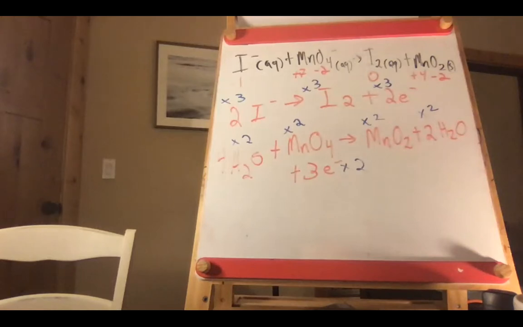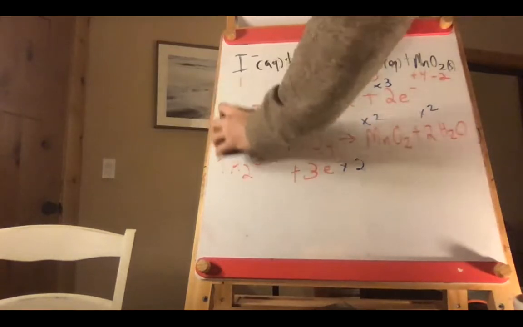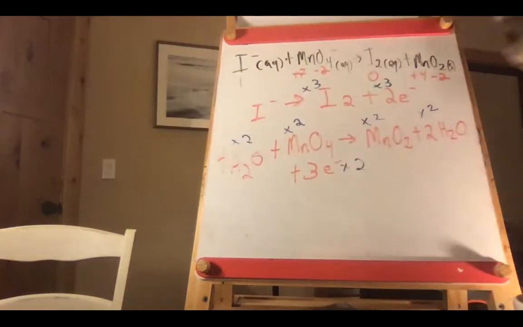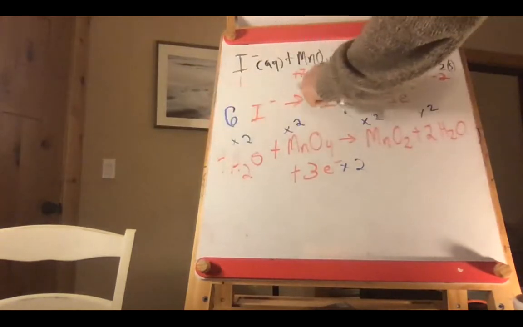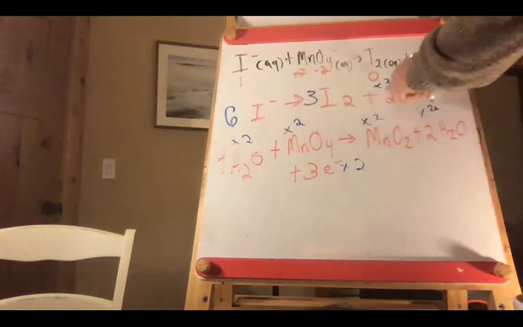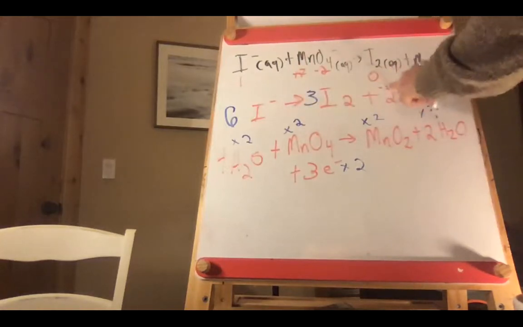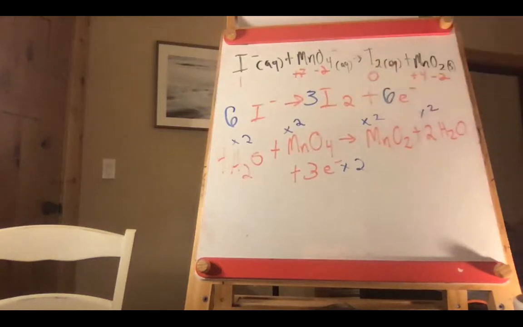Okay? So if we multiply everything out, now we get, what is this, 2 times 3? That's going to be 6. 3 times 1, that's just going to be 3. 2 times 3, 6. That's good.